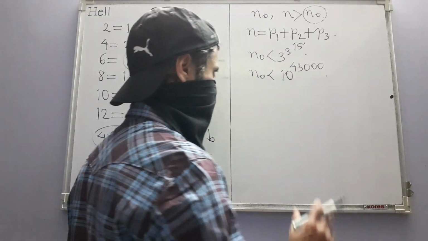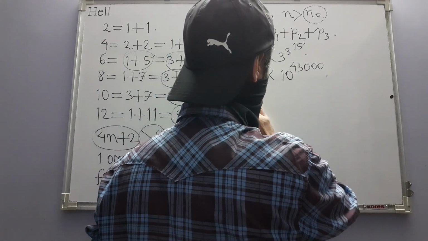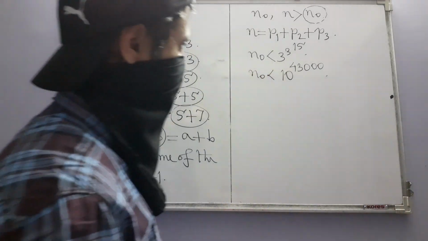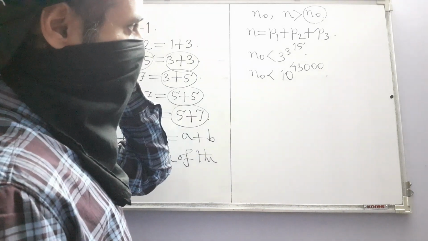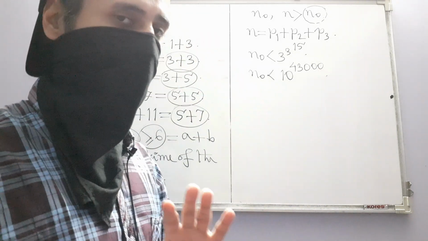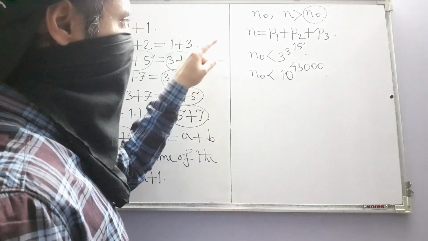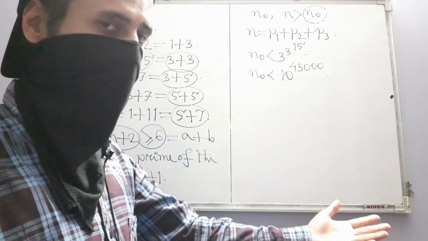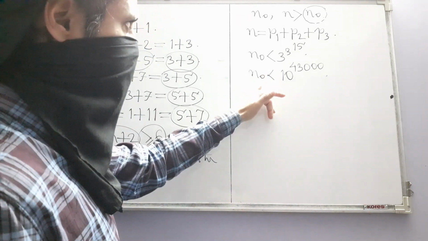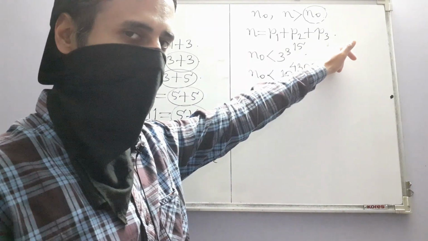So you see, they have really left one gap. They showed that all odd integers greater than n naught are expressible in this way.